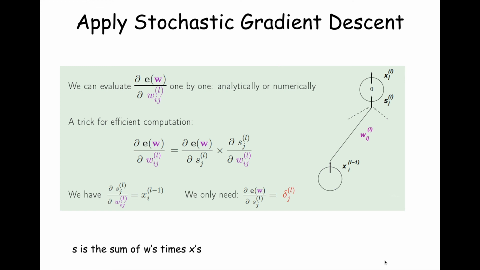Okay, so now that we have that linkage to the signal, well, that signal is linked to the output that came before it. It's linked through this weight vector. And so if this output changes, this input into that signal changes, well, the signal is going to change, right? So we also want to know how that signal changes relative to that weight vector.